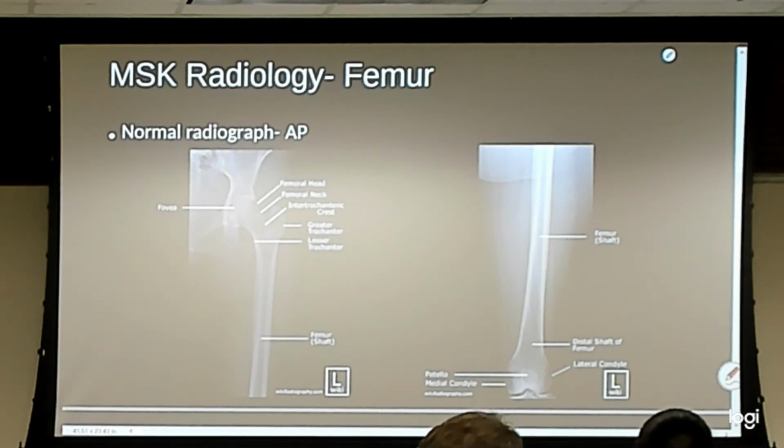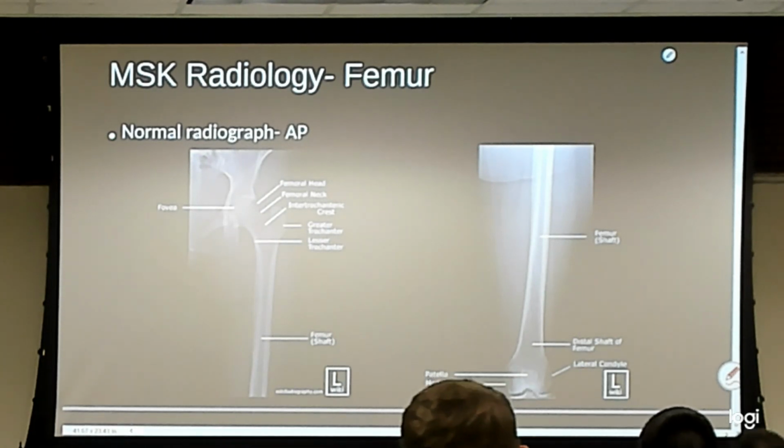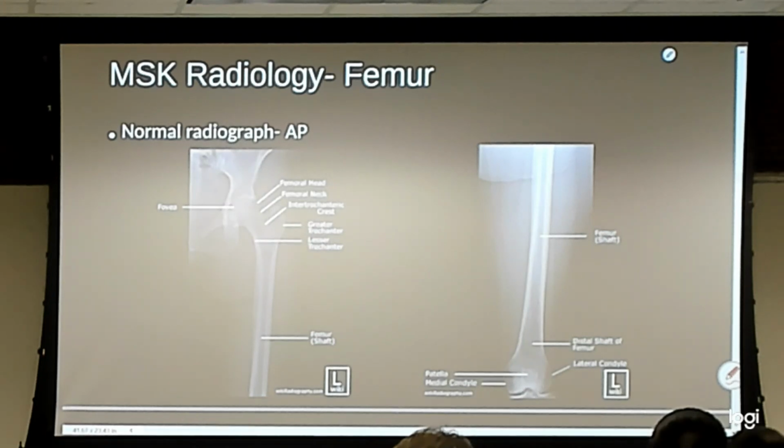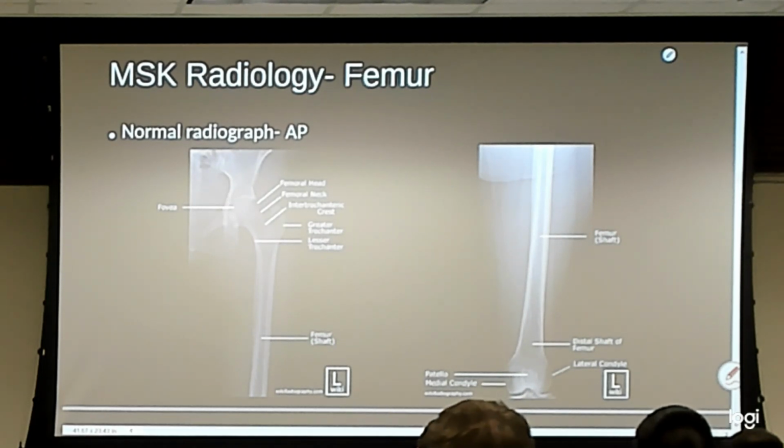Mostly because if you can imagine something fractured in the middle and having a rotational difference, that would be hard to picture if you don't have the whole femur on one x-ray. Does that make sense? There's some questioning looks on that about what I mean. Just got to catch it all so that we can make sure that it didn't break in the middle and then part of it rotate.